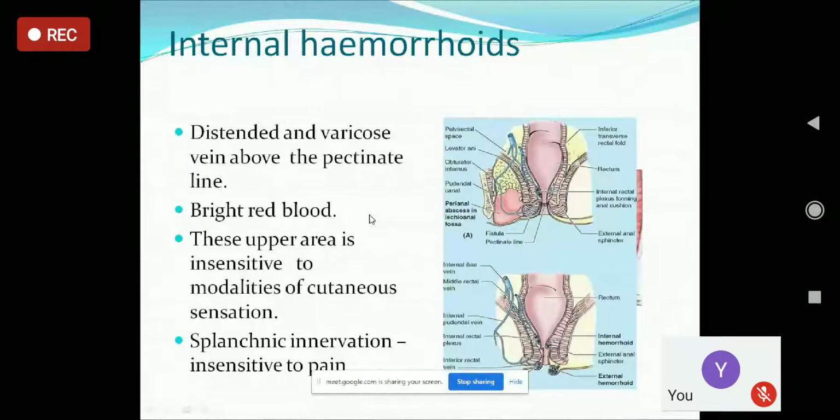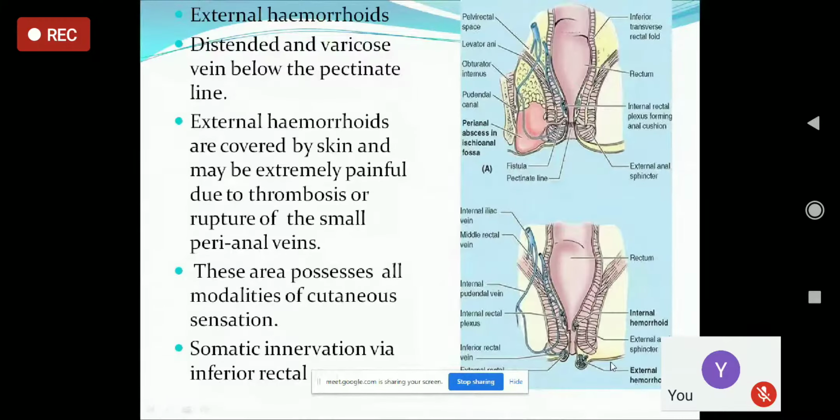Why is it insensitive to pain? Because of the autonomic nervous system, splanchnic innervation. So the patient doesn't feel any pain. Whereas external hemorrhoids, look at here, are distended varicose veins below the pectinate line. External hemorrhoids are covered by skin, as I told you, and are extremely painful due to thrombosis and rupture of the small perineal vein, supplied by somatic innervation.